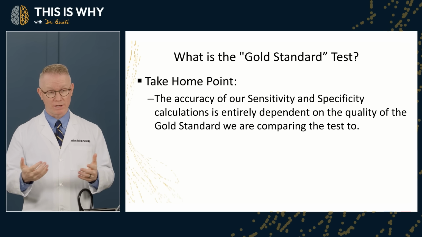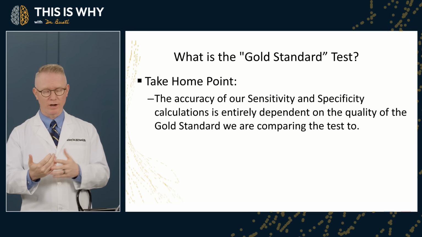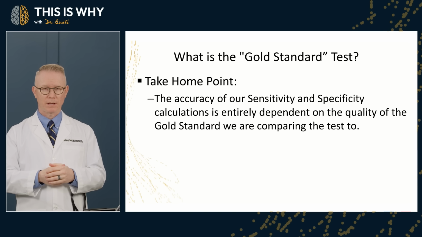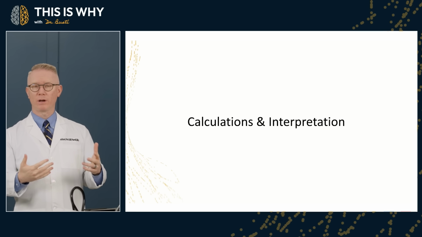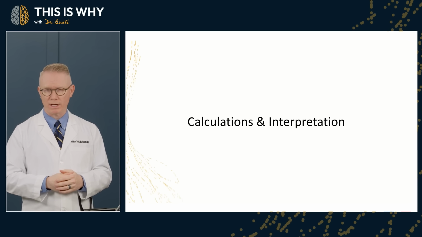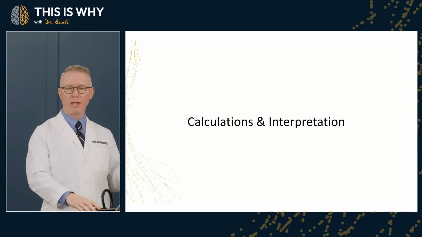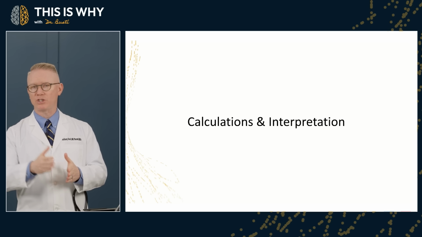Because if the new test is better, you'll see here in a minute, we could generate false positives. That becomes something important that we're wrestling with, especially as we develop a potential new gold standard or reference test.